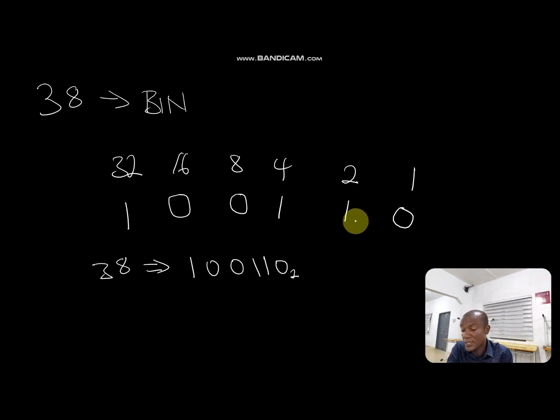So for the last time, let's try the last one. 73. So 73 here, and we have to change 73 from decimal to binary, or from base 10 to base 2.